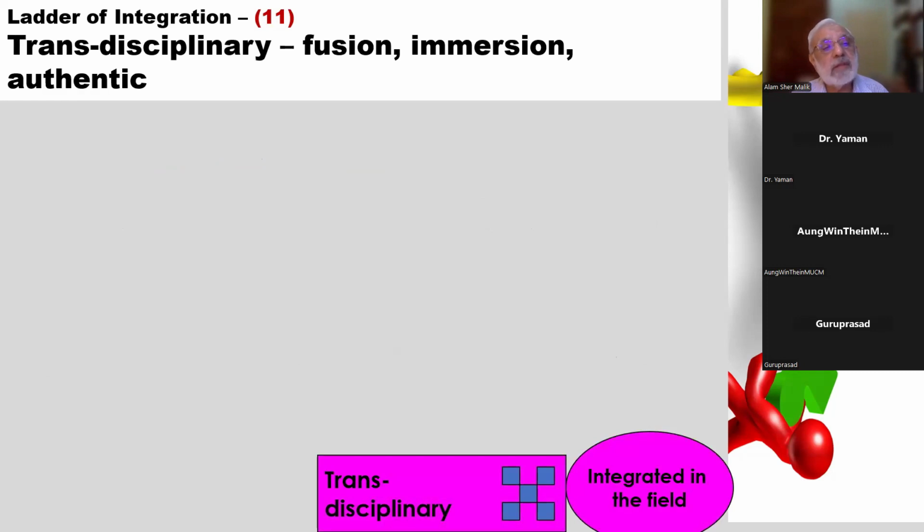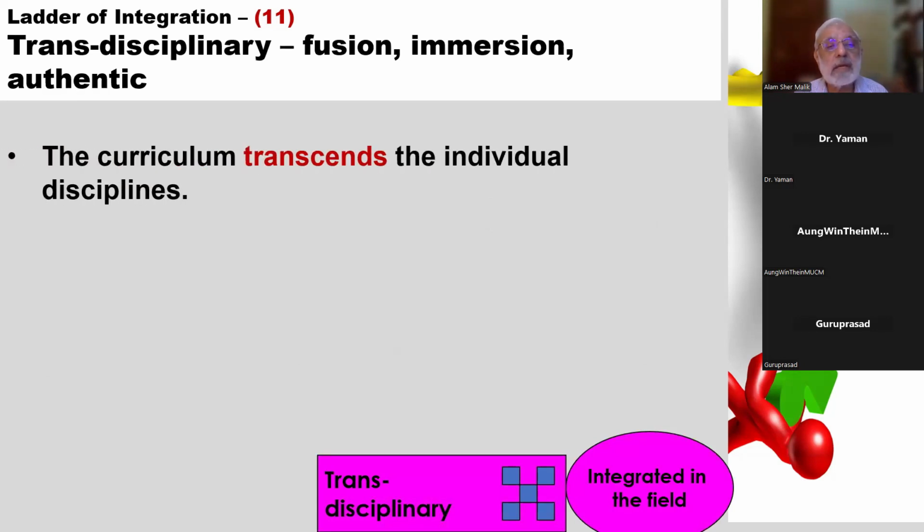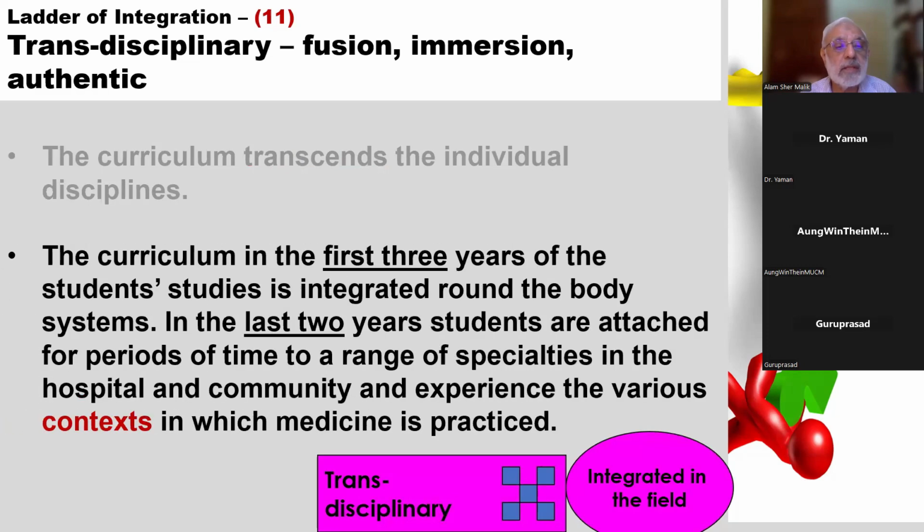Now, the last level or the highest level of integration is transdisciplinary, which is also labeled as fusion, immersion, authentic. Here, the curriculum transcends the individual discipline. So there's no emphasis on the discipline, but on the overall approach as well. The curriculum in the first 3 years of students' studies is integrated around body systems like CVS, CNS.